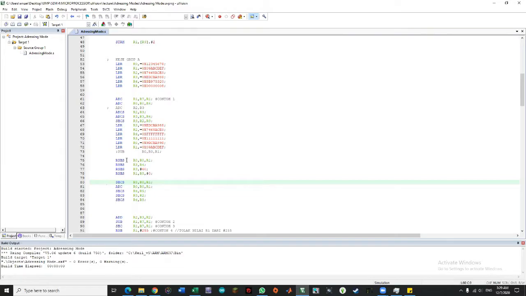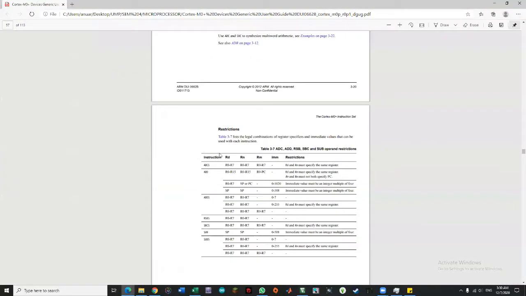Meanwhile, in the RSBS instruction, R1 will subtract the value of R0 and store the result in register 0. It is the opposite instruction, right? It's explained here.